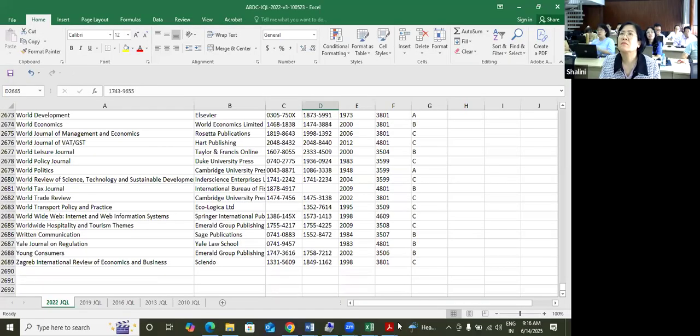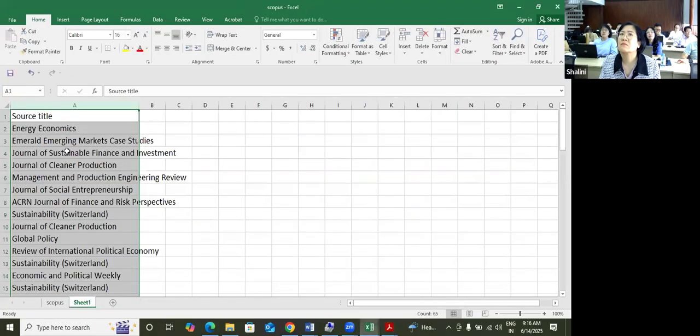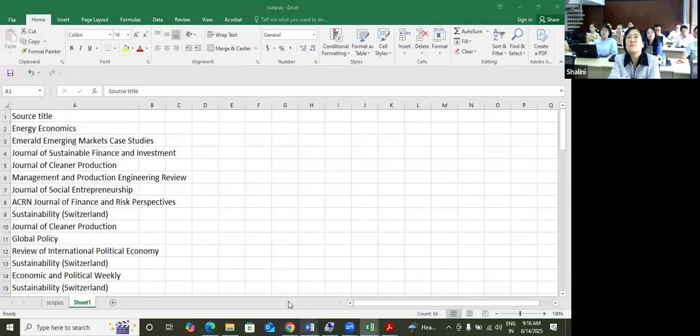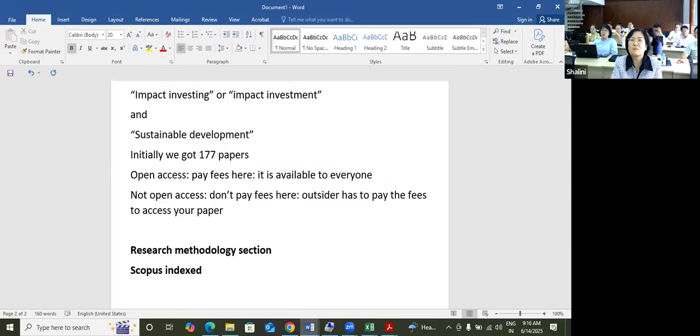So this is another criterion that you can use: what I normally do is I go for Scopus indexed. Of course, you have taken all the journals from the Scopus index database, so all the journals will be Scopus indexed. Plus, I want to see whether it is ABDC or not.